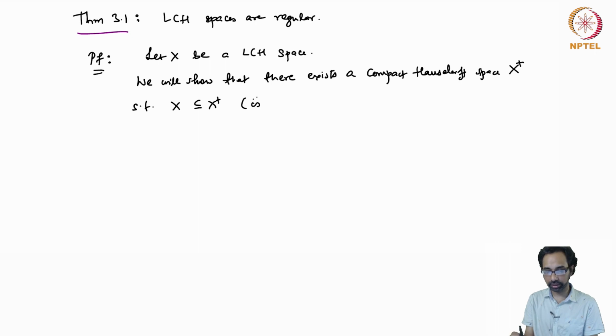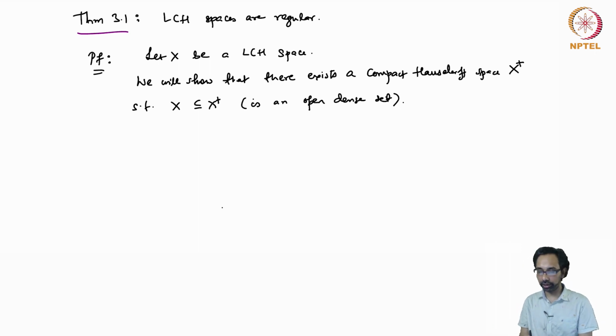So not just a subspace, it is an open dense set. Okay, so what is this compact Hausdorff space X plus? For this we use a technique called adding a point at infinity.